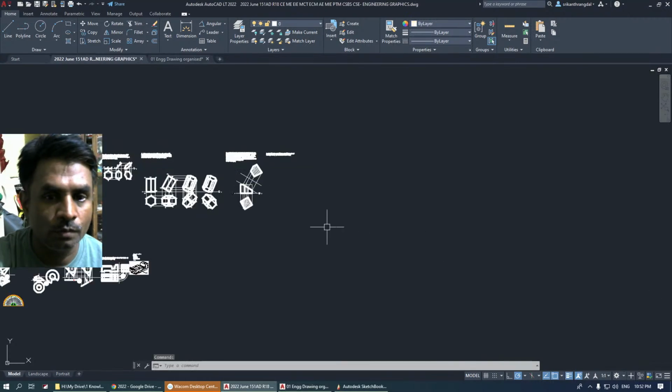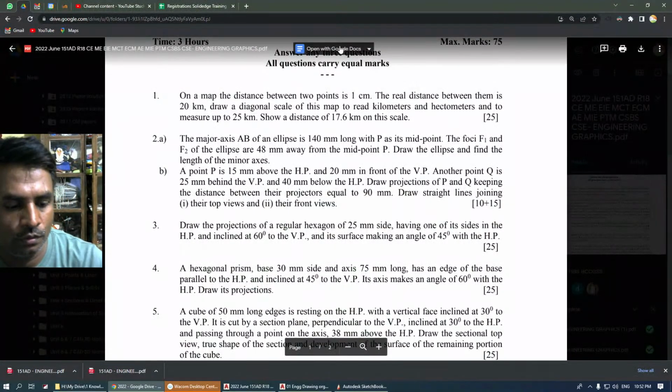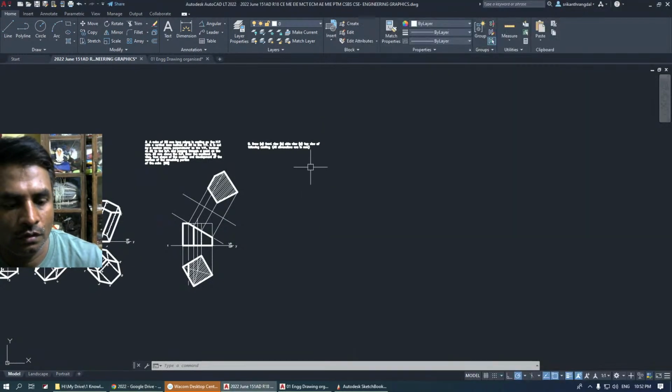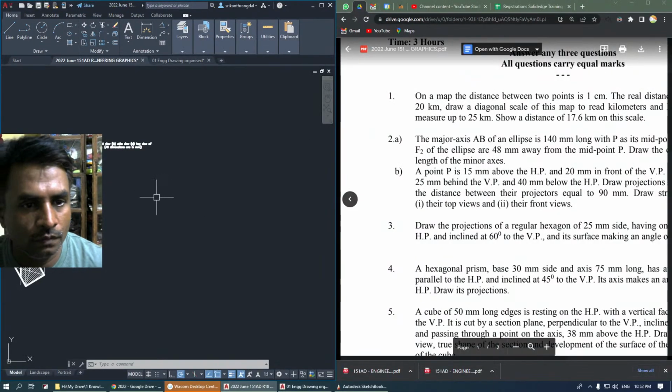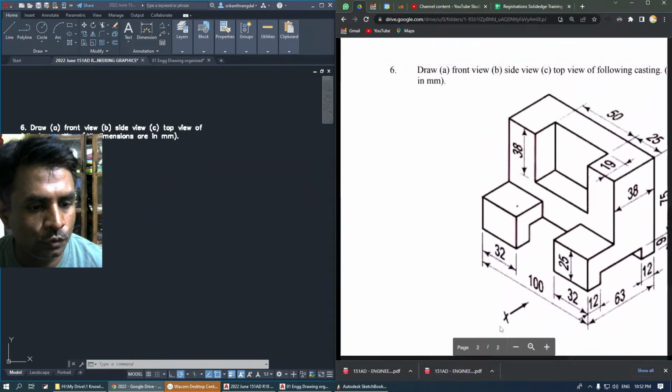Let's come back to the problem. On one side, the diagram that we're supposed to draw and start.